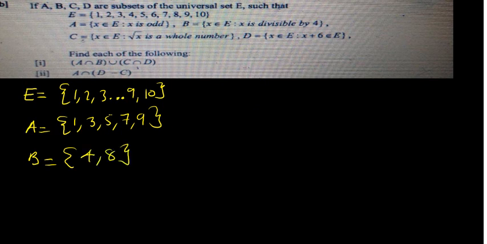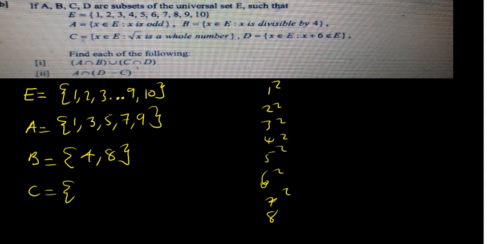Okay, and then let's go to the set C. The set C, X is a member of E such that the square root of X is a whole number. In other words, what we're talking about is perfect squares. So if you get 1, 2, 3, 4, 5, 6, 7, 8, if you square these numbers, those numbers you are going to get are called perfect squares.